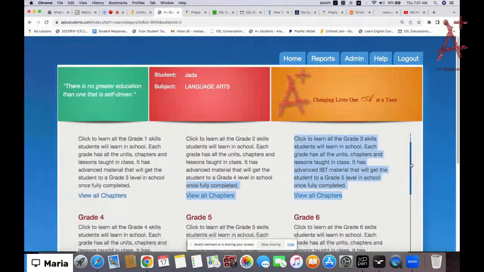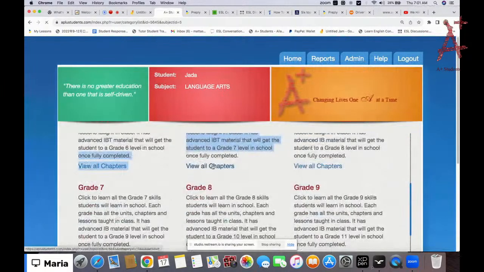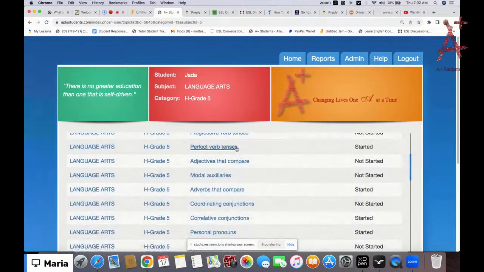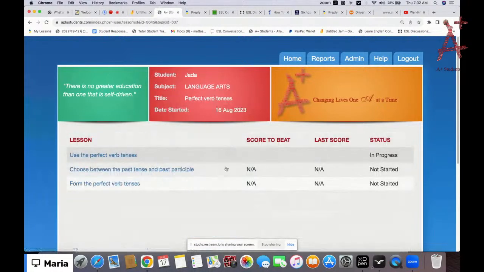All right, and our topic is perfect verb tenses. All right, so we have three lessons from the perfect verb tenses, and then we will start with the first lesson.